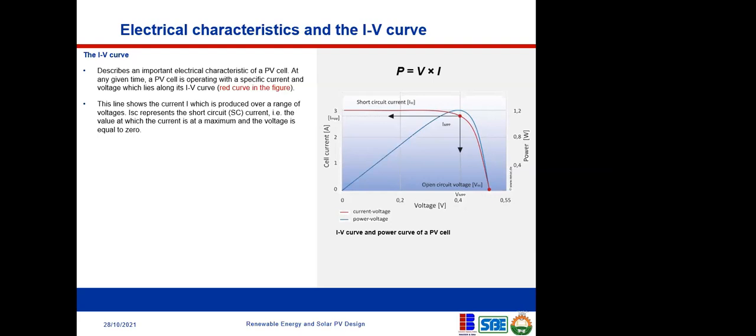That is the value at which the current is at maximum and the voltage is at 0. Remember, I asked you this question, where the current is at maximum. Now look at it here. At this point, the current is at maximum, but the voltage is 0. So at this point, that is the short circuit current. That is the current at no flow, the current at 0 voltage. That is the short circuit current. Okay.